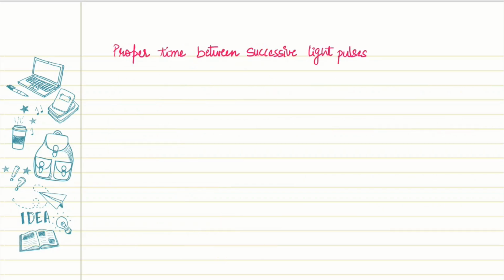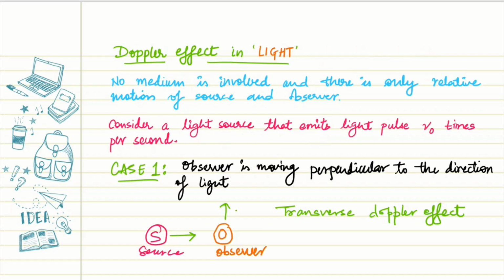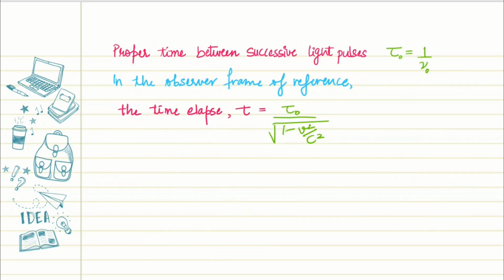So the proper time between successive light pulses will be 1 over mu naught. In the observer frame of reference, the time elapsed would be the proper time over the square root of 1 minus v square by c square, where v is the speed of the observer.